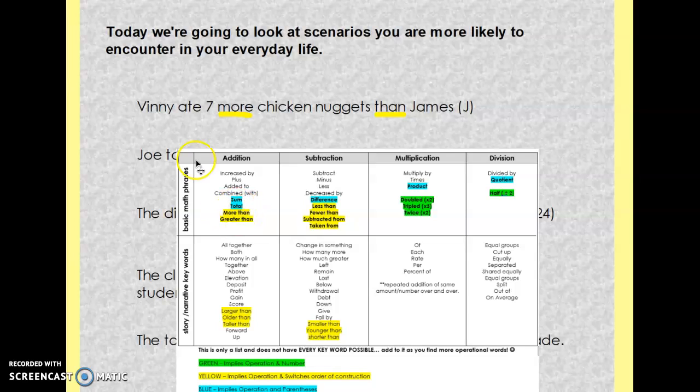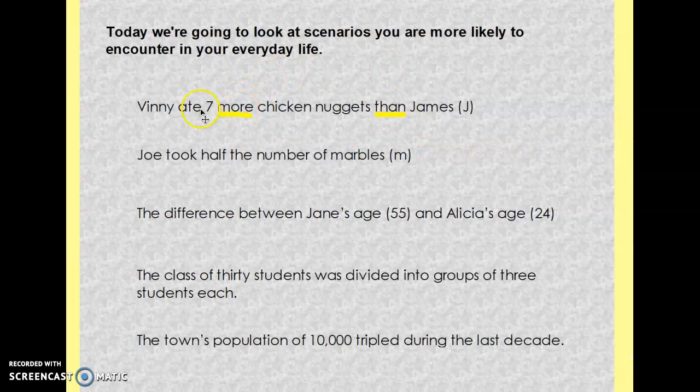And it is a yellow word, right? So that means that we need to switch construction. We've got the letter, we've got the number 7, more than, and J. So when I'm looking to write my expression, more than means I need to flip it. So Vinny ate 7 more than James, James plus 7.